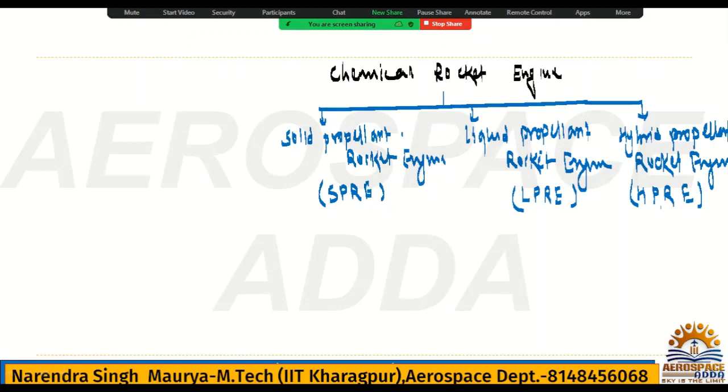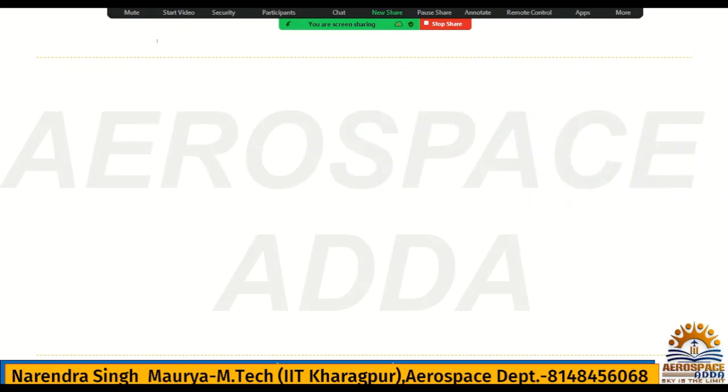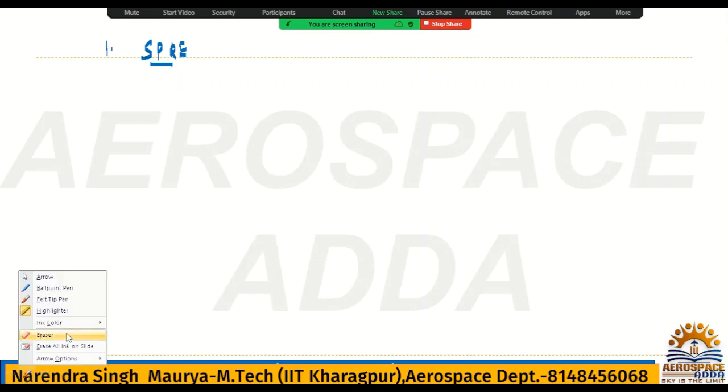If I draw the diagram, it will be like this. SPRE, number one, solid propellant rocket engine. We need to draw this diagram.